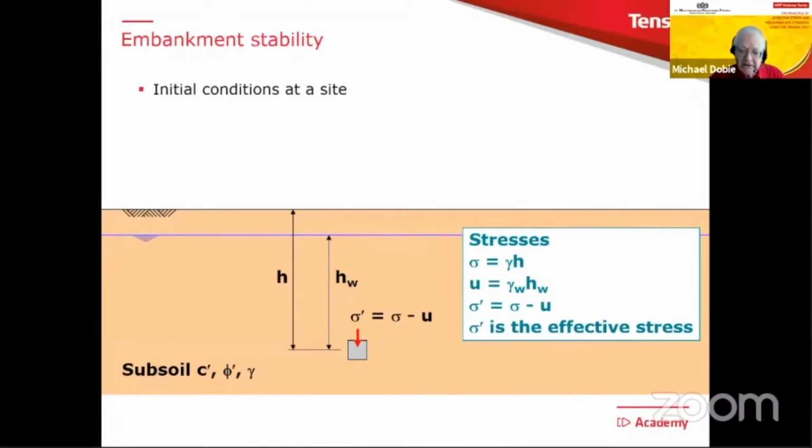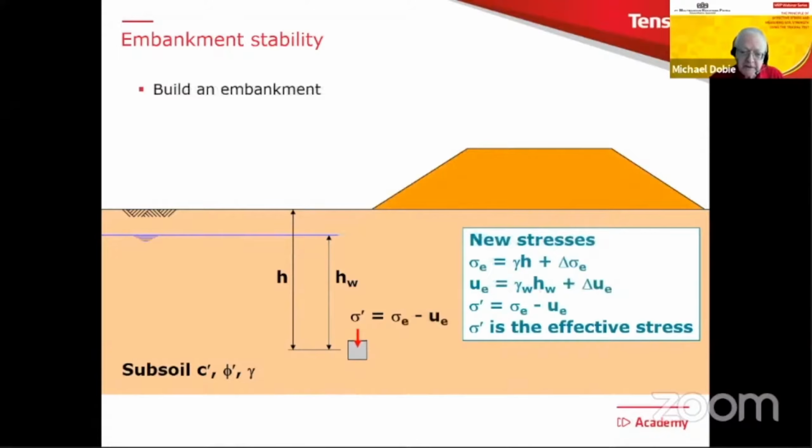So we can calculate the total stress is very simple, just the height times the unit weight of the soil. Water pressure equally easy, just the height to the water times the unit weight of water. And then for the effective stress, we simply subtract one from the other. And there we have this important parameter. We then come along and build an embankment. And on purpose, I've removed the water table.